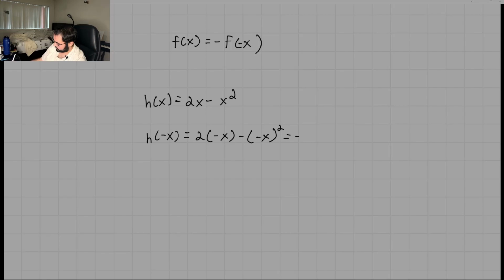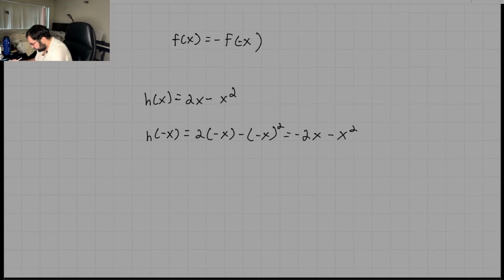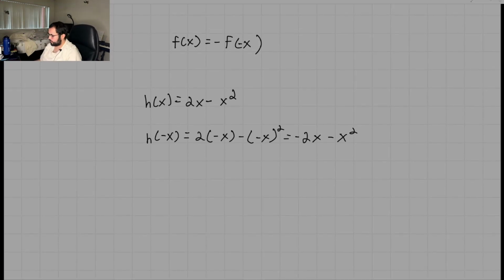This would give us negative 2x minus x squared. Notice that this h of negative x does not give us the output that matches with h of x. So we know right off the bat this isn't an even function. Well, is it an odd function?